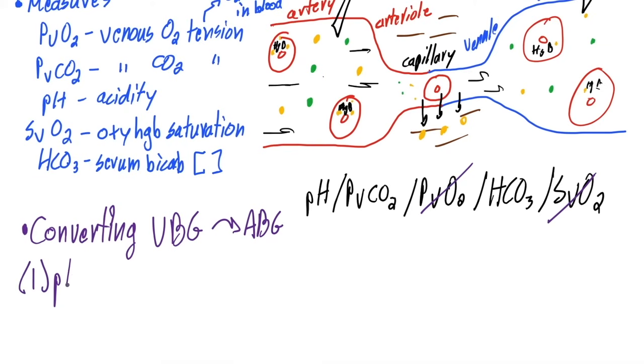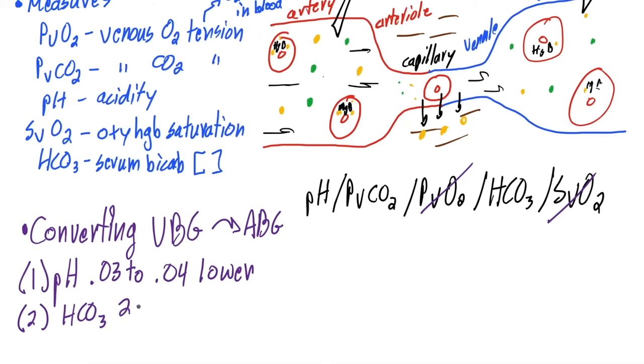So for the pH, it's usually 0.03 to 0.04 lower in the venous blood than the arterial blood. For the bicarb, it's usually 2 to 3 milliequivalents higher in the veins than in the arteries.